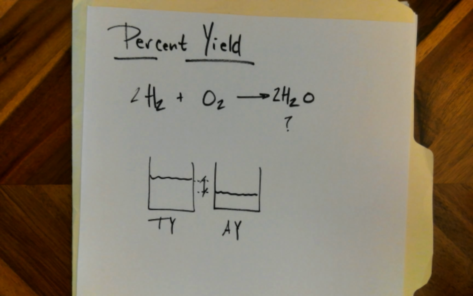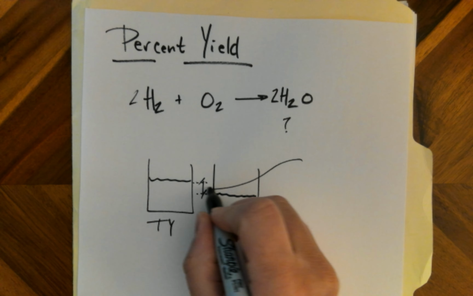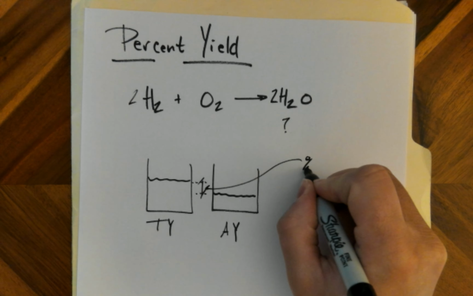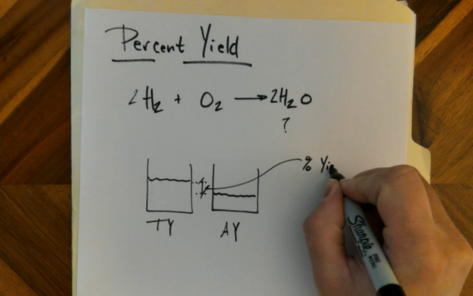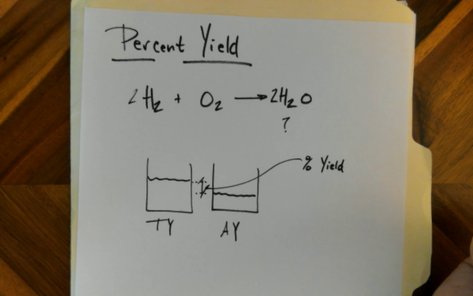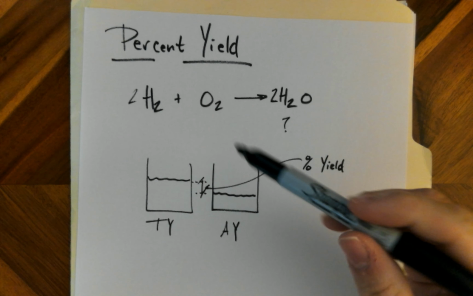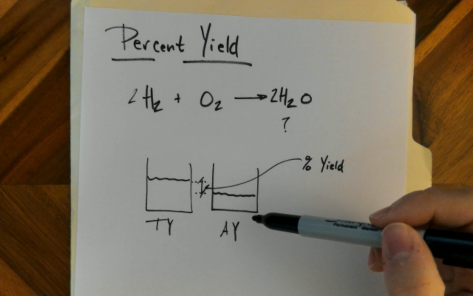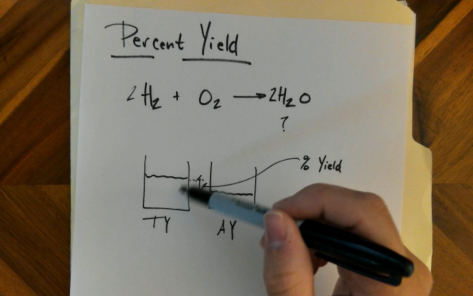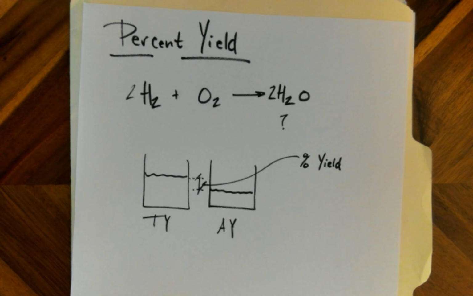And how do we interpret our real lab data honestly? Now this gap here is called the percent yield. And that's going to let us know the comparison between what we should have gotten and what we actually obtained.